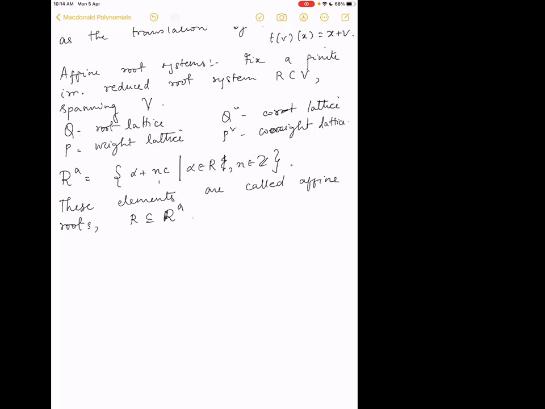and W is the Weyl group of R, and W_A is generated by s_A, A in R_A, and this is the affine Weyl group.